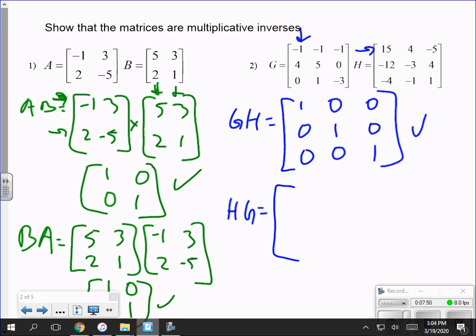Sorry, 15 times -1, 4 times 4, that's 16, and then -5 times 0, so I get -15 and 16, that gives me 1. And then I take this row times this column, and I do it all over again, and I end up getting 0.